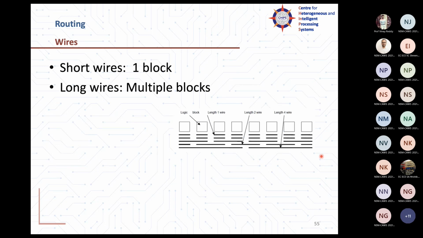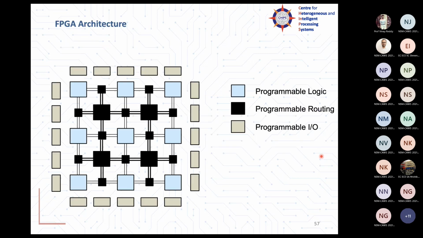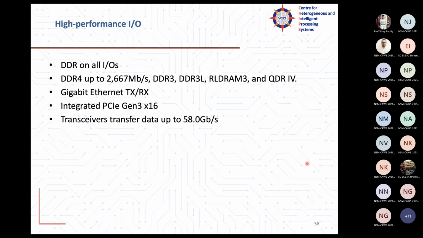And that's about routing. There are also different kinds of wires in that, so that you can use short wires that hop a single block or long wires that go around hops of multiple blocks. And then finally, you have programmable I/O. So you can define different types of interfaces based on your requirement.